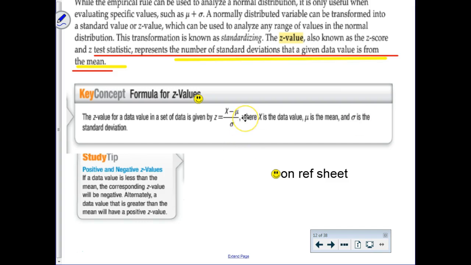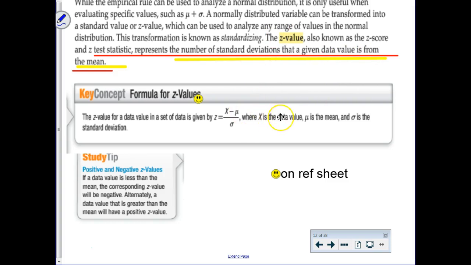A z-score is going to calculate and assume that your mean is at 0 and your standard deviation is always a 1. What's really cool about standardizing your data is then you can compare two sets of data that have no numerical commonalities whatsoever, but you can look at their data spread one on top of the other because you've normalized the data and standardized it.